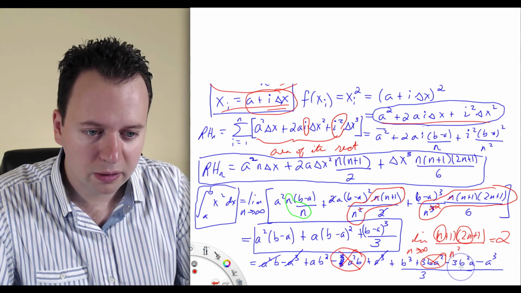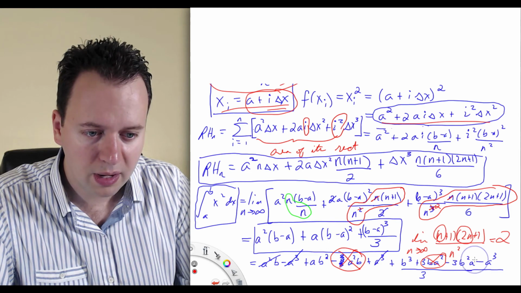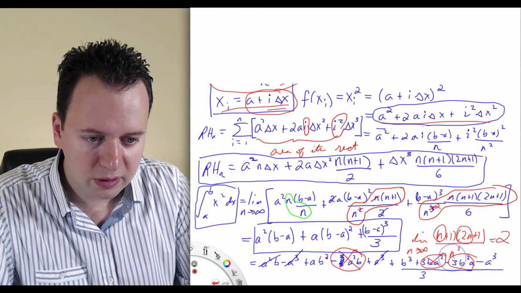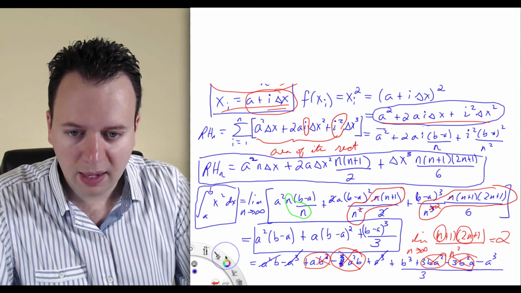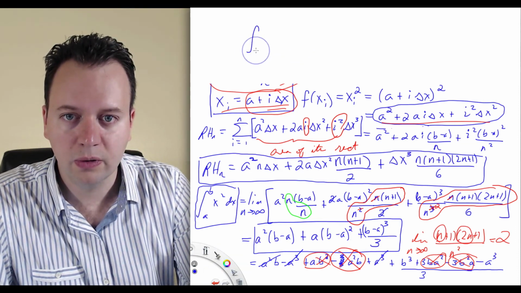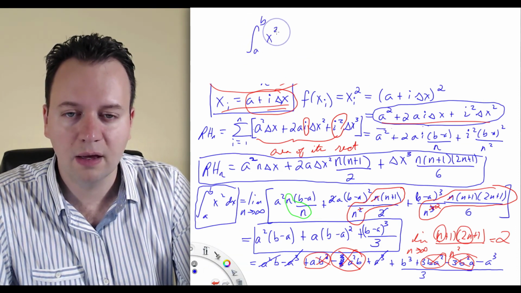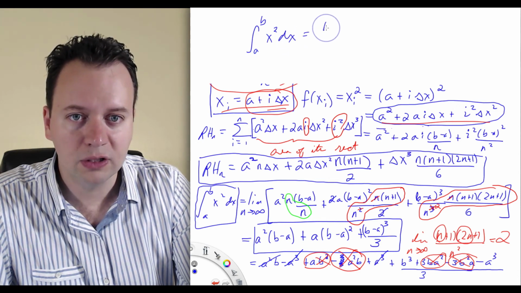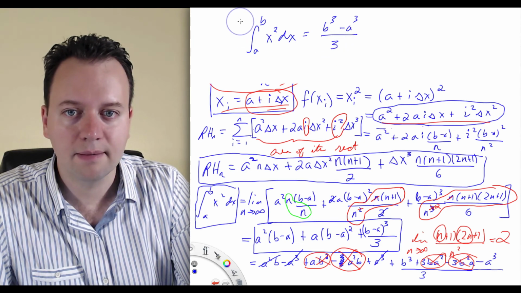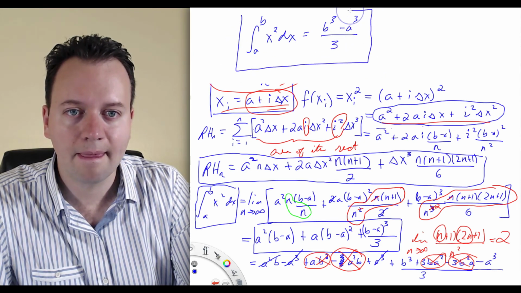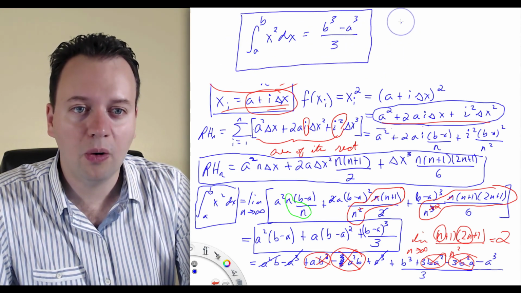So 3ab squared over 3, this negative one cancels with this one right here. So the whole thing in the end is just equal to, the integral from a to b of x squared dx is just equal to b cubed minus a cubed over 3. So a nice simple formula.